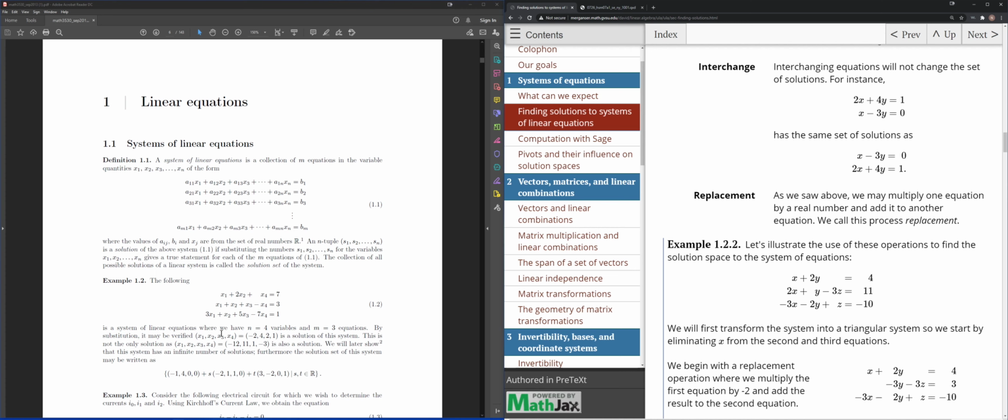So this is a system of linear equations in four variables and three equations. You want to notice a small difference between this linear system and the previous one, in that there I'm calling the variables x, y, and z, and here the variables are x1, x2, x3, and x4.